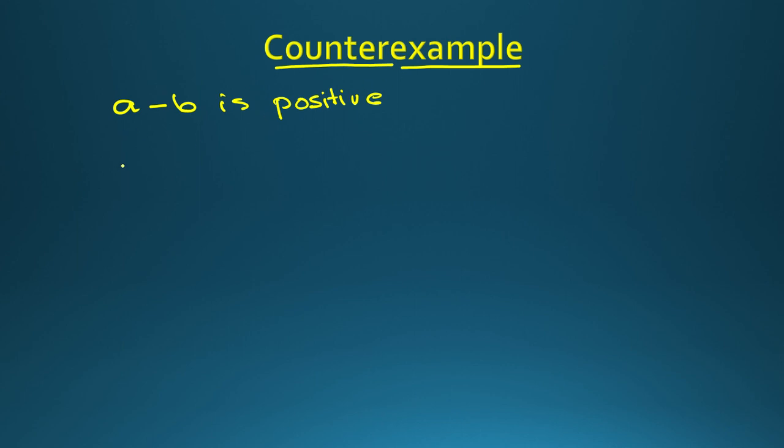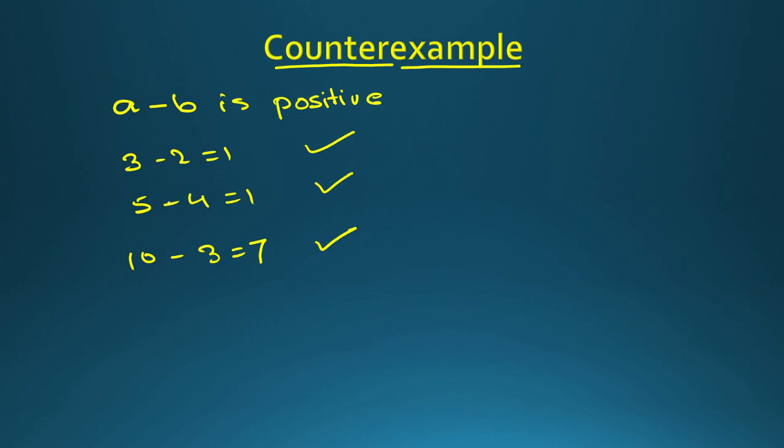Now I can say 3 minus 2 is equal to 1, which is positive. 5 minus 4 is equal to 1, which is positive. 10 minus 3 is equal to 7, which is positive. Okay, but you can see, other than all these positive examples, we can have many negative examples also.